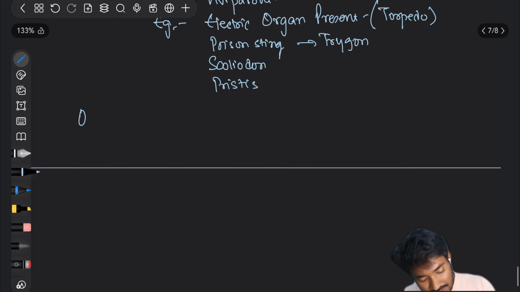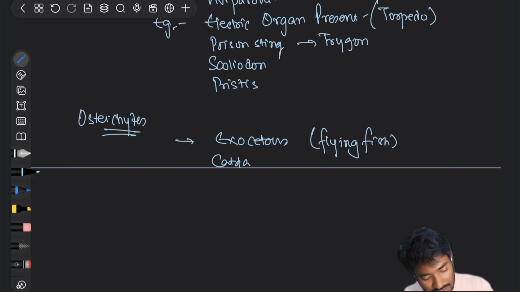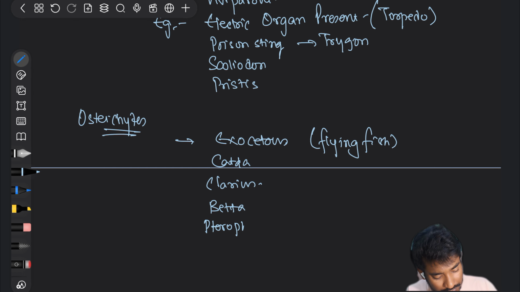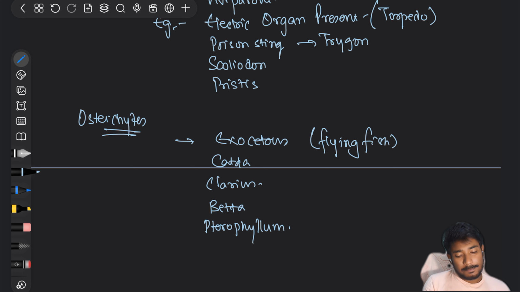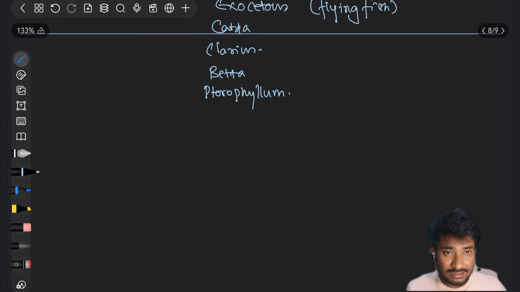Okay. Class Osteichthyes: Exocoetus, the flying fish, Catla, Clarias, Betta, Pterophyllum. Write the examples of these classes.